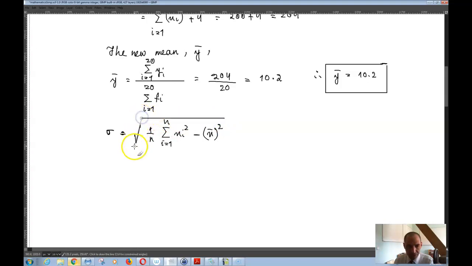That was basically sigma, or standard deviation.